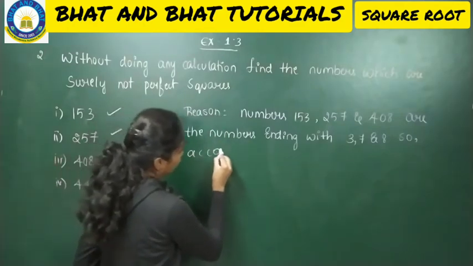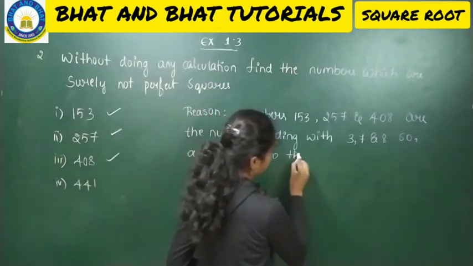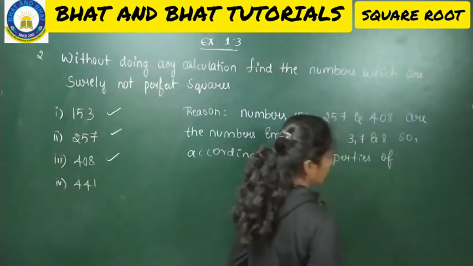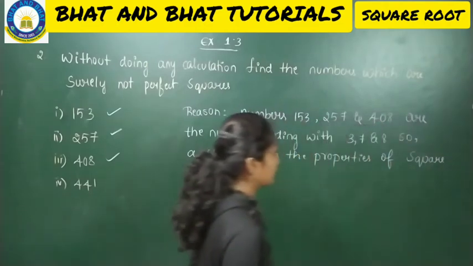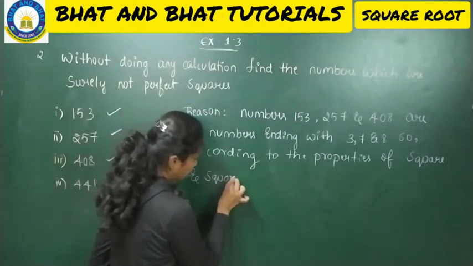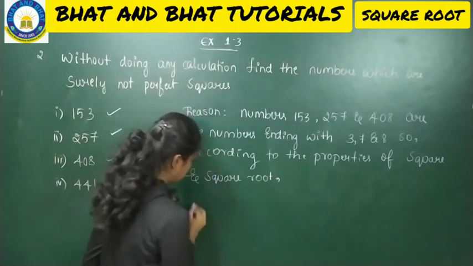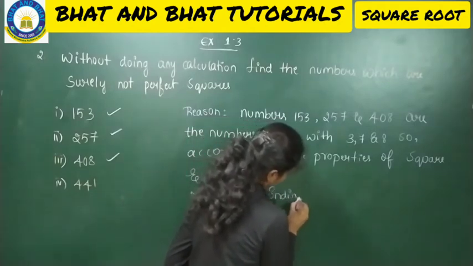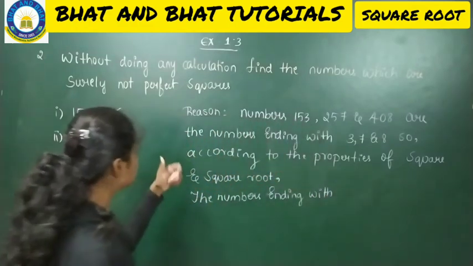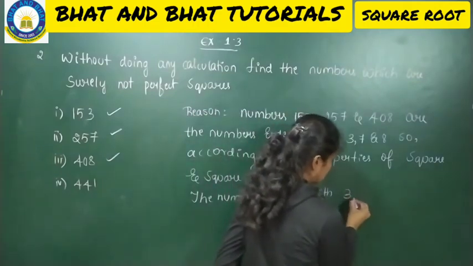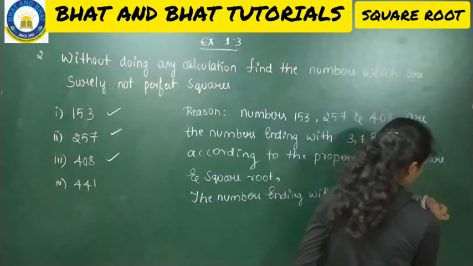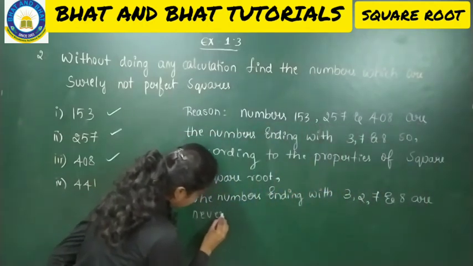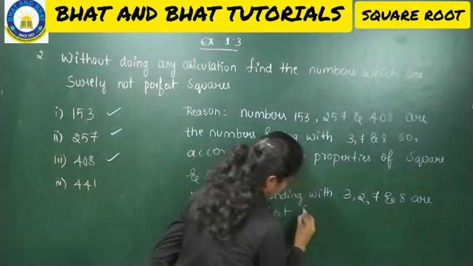According to the properties of square and square root, the numbers ending with 2, 3, 7, 8 are never a perfect square.